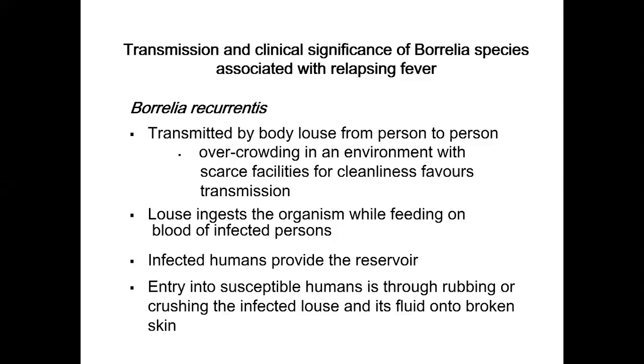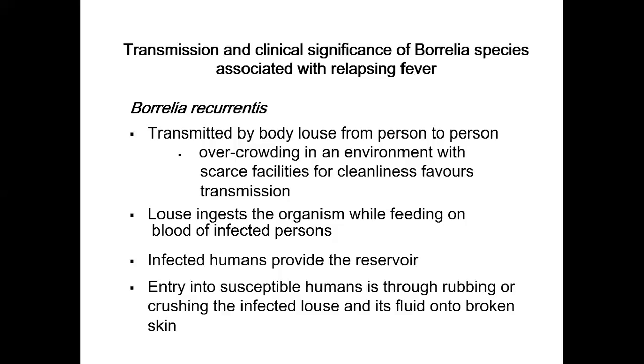And for this to happen, there has to be low standards of living. So overcrowding in an environment with scarce facilities for cleanliness favors transmission of these body lice from person to person. They keep crawling from one person to another.